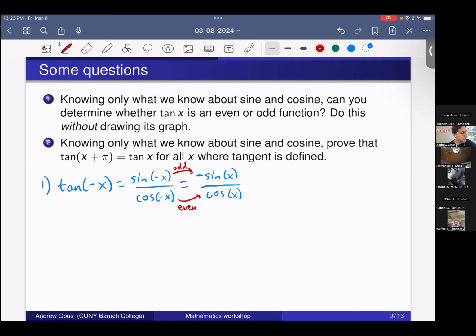Now sine over cosine is tangent, so this is the same thing as negative tangent of x. So what we have is that tangent of minus x equals minus tangent of x. That tells us that tangent x is an odd function. Is that okay?